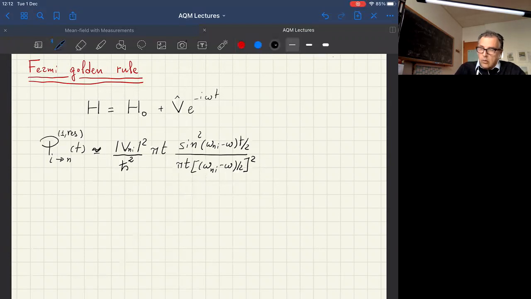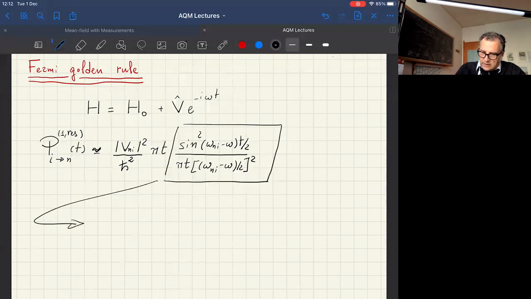So why did I write it in this way? I write it in this way because I want to analyze this function here. This function has some nice property.